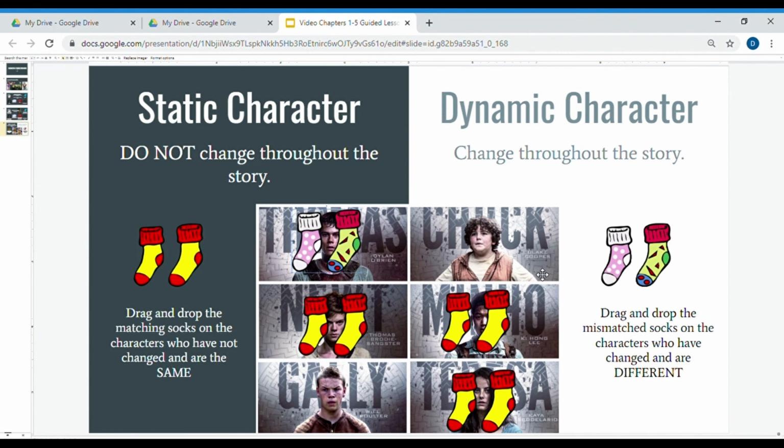Another dynamic character is Gally. As much as we all hate Gally, he's always hated Thomas from the beginning, but we can't just see that as the only part of his character. He did make a big change. In some sense, he kind of went crazy.